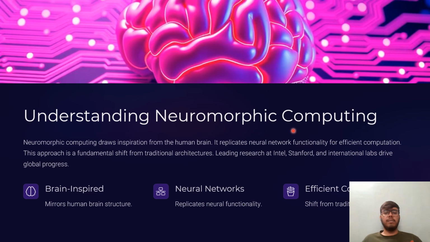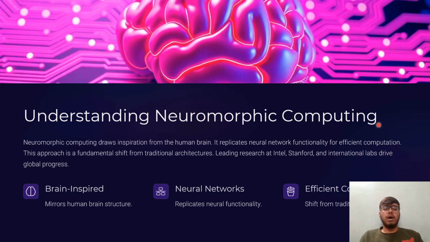Understanding neuromorphic computing. Neuromorphic computing is inspired by the structure and function of the human brain. It is designed to mimic how our brain works using neural networks for more efficient computation. Unlike a traditional system, this is a completely new way to process information.